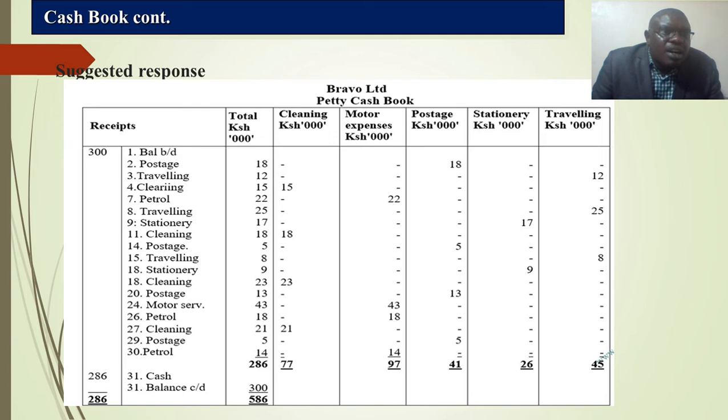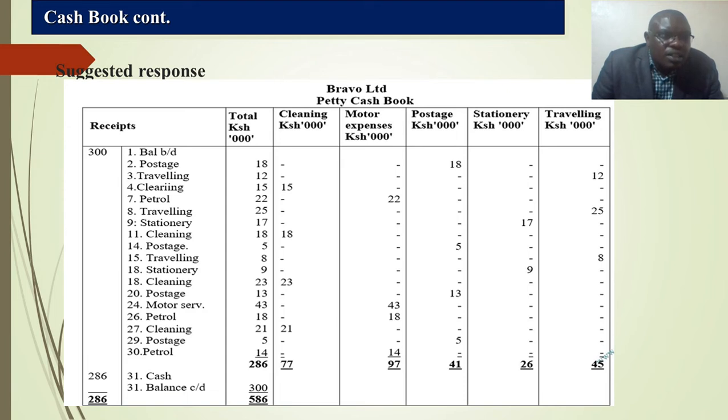Then date 14, postage. We go to the column headed by postage, we record 5,000, and we bring that total to the total column and we record 5,000. On date 15, traveling, we go to traveling column, we record 8,000, we bring it back to the total column, we record 8,000.